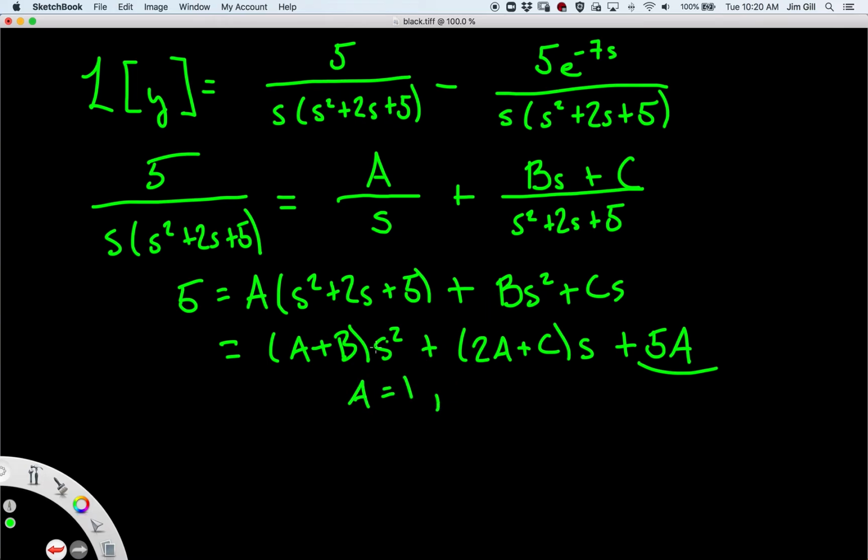A being 1 immediately implies, because there's no s squared on the left-hand side, that b is negative 1. And there's no s on this side, so that must mean that c is equal to minus 2.